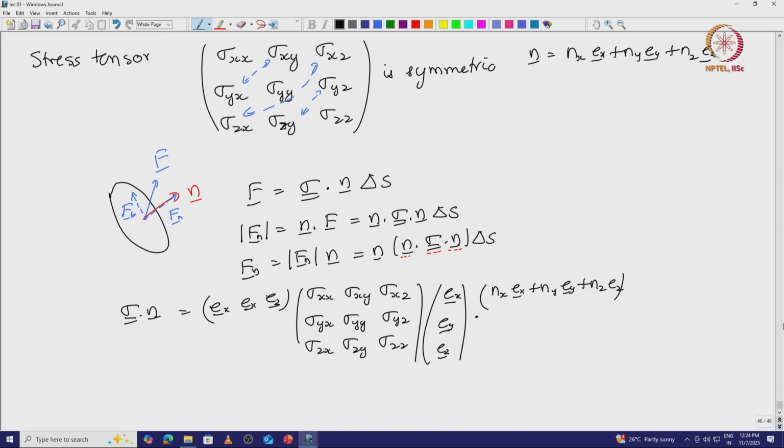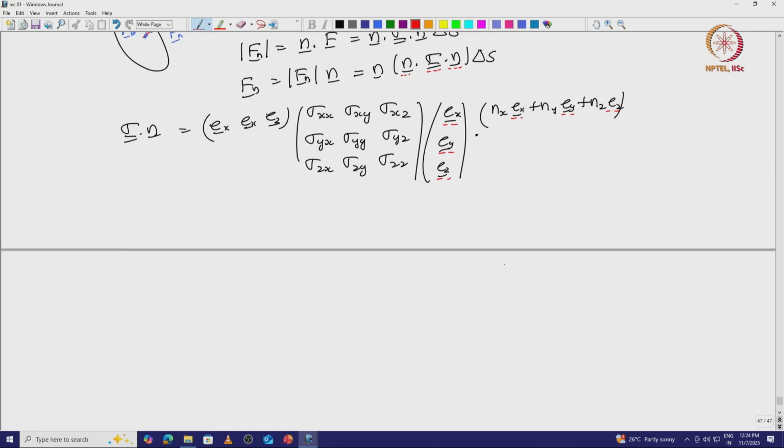Note that it is the second index that corresponds to the direction of the unit normal, and that is what has to be dotted with these unit vectors here. And if I do that dot product, what I will get ultimately is E x, E y, E z.